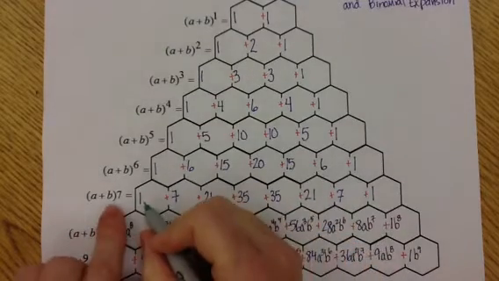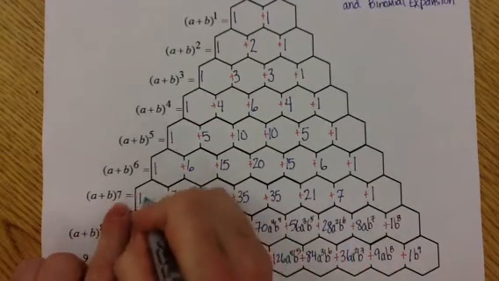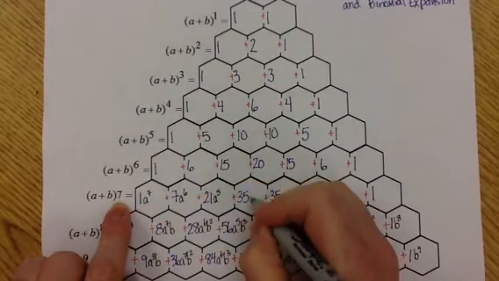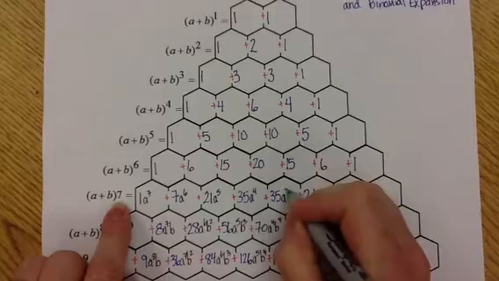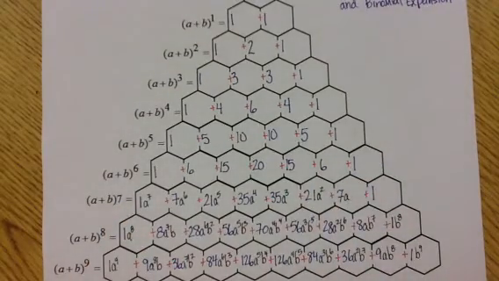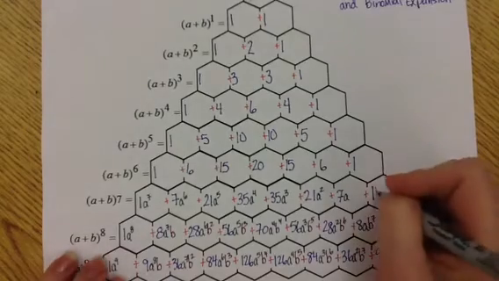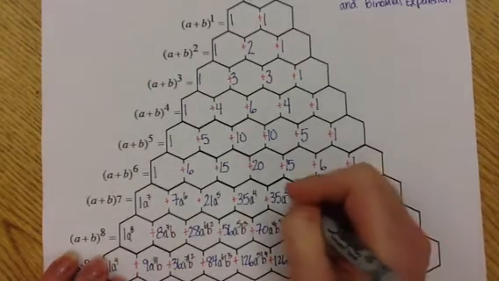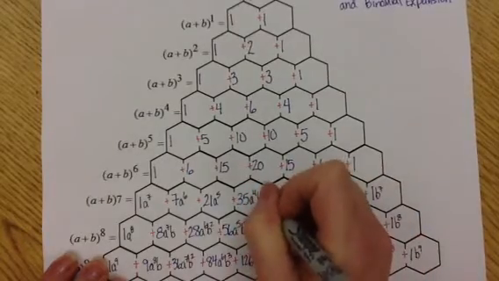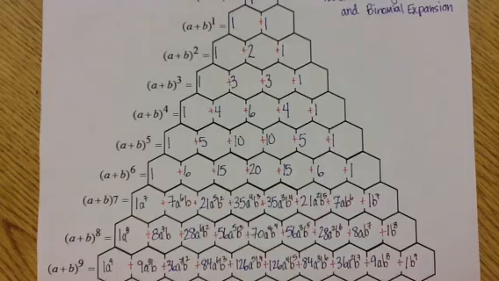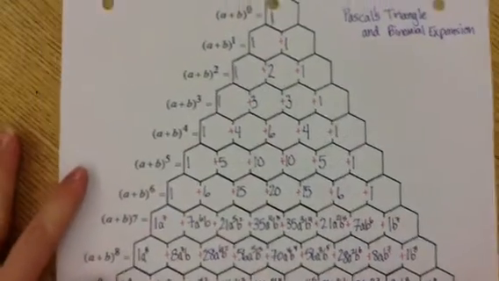Let's go ahead and fill this in together then. I'll start with a to the 7th, a to the 6th, a to the 5th, a to the 4th, a to the 3rd, a squared, a, no a, and then reverse that, b to the 7th, b to the 6th, b to the 5th, b to the 4th, b cubed, b squared, b. And we'll continue like that for the whole rest of Pascal's triangle.